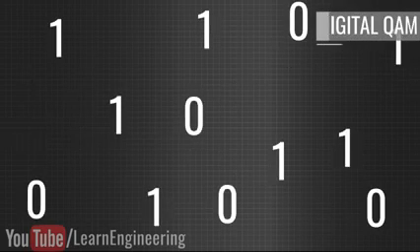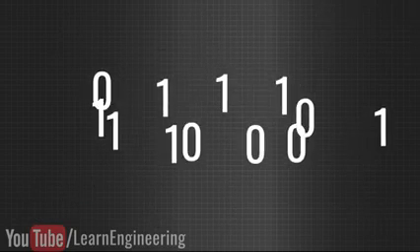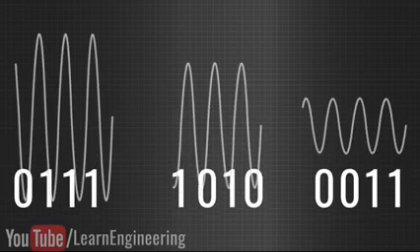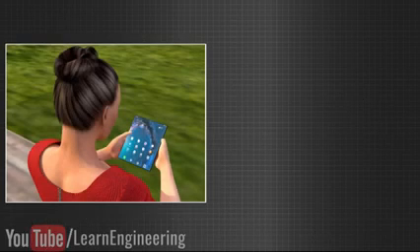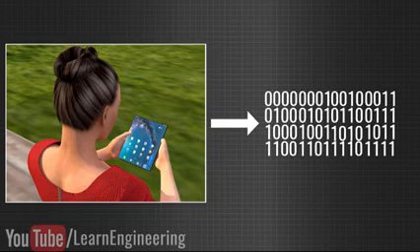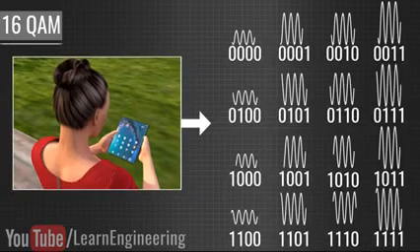In the case of digital QAM, a similar approach is used. Here, instead of analog signals, different combinations of bits are added together to produce a multiplexed signal. Let's see how a 16 QAM works. If you are familiar with digital technology, you know that any form of data is just a collection of ones and zeros. In 16 QAM, we can pack 4 bits together and send it as a single electromagnetic wave.